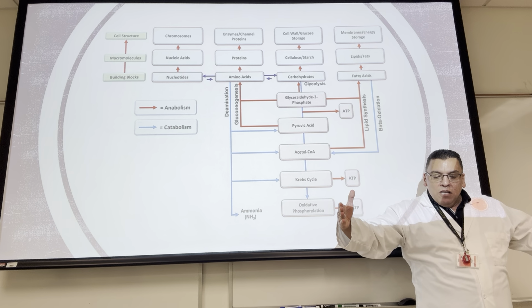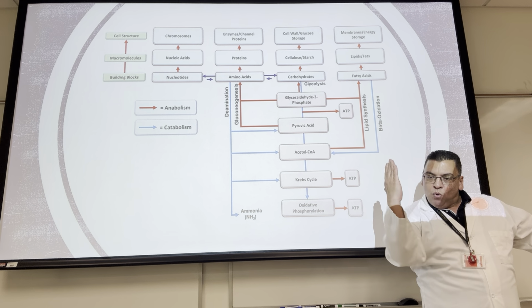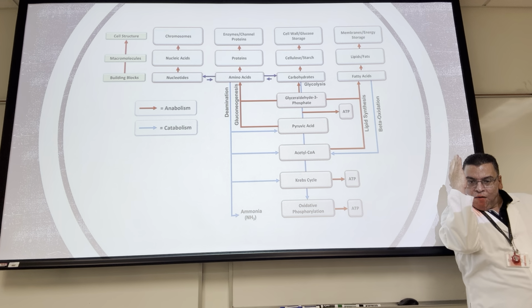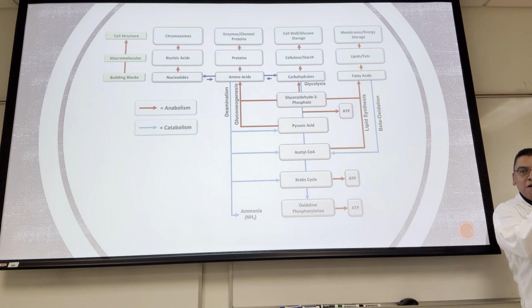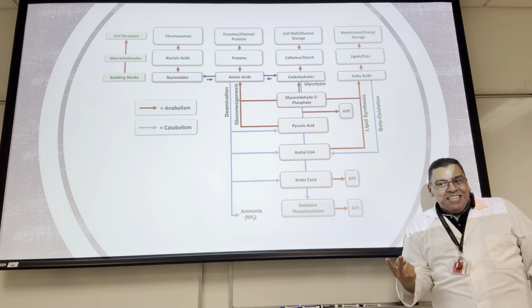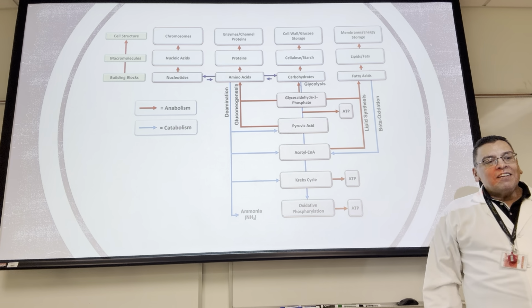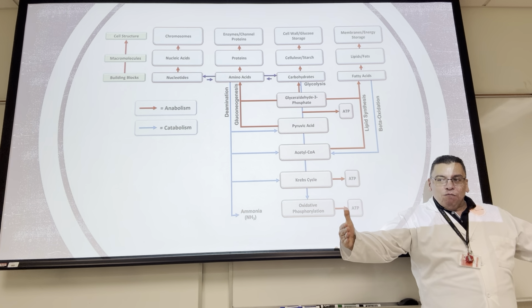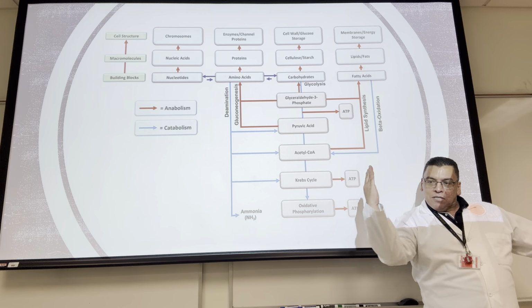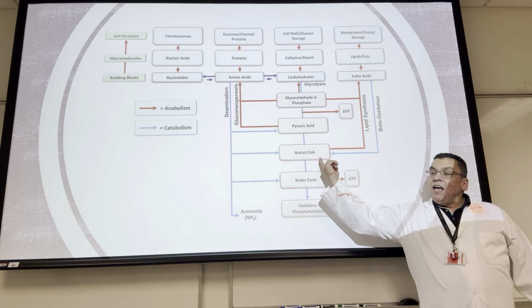Beta oxidation is gonna take the 16 carbon fatty acid and chop it 2 at a time. Chop 2 carbons, 2 carbons, 2 carbons. Chop it at 2 carbons at a time. What is that? Acetyl-CoA. It takes the 16 carbon fatty acid and chops 2 carbons at a time, because each 2 carbon is an acetyl-CoA.